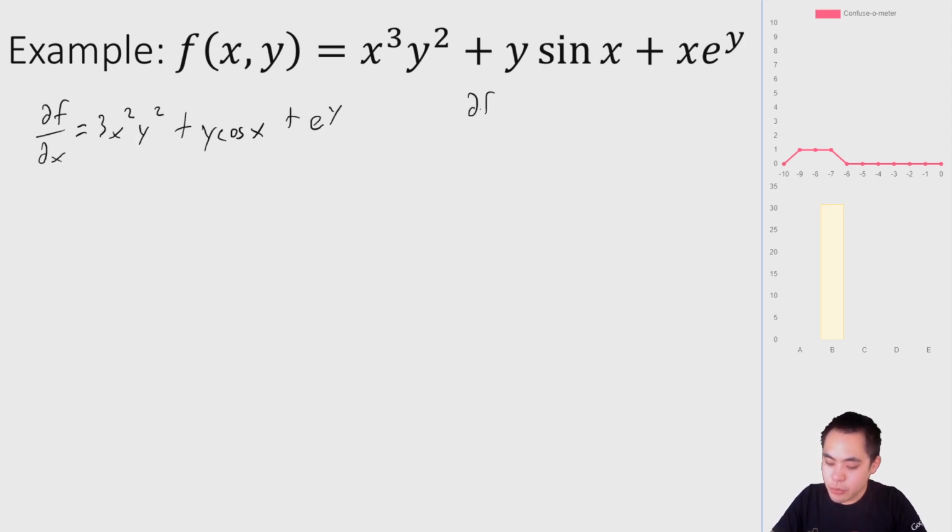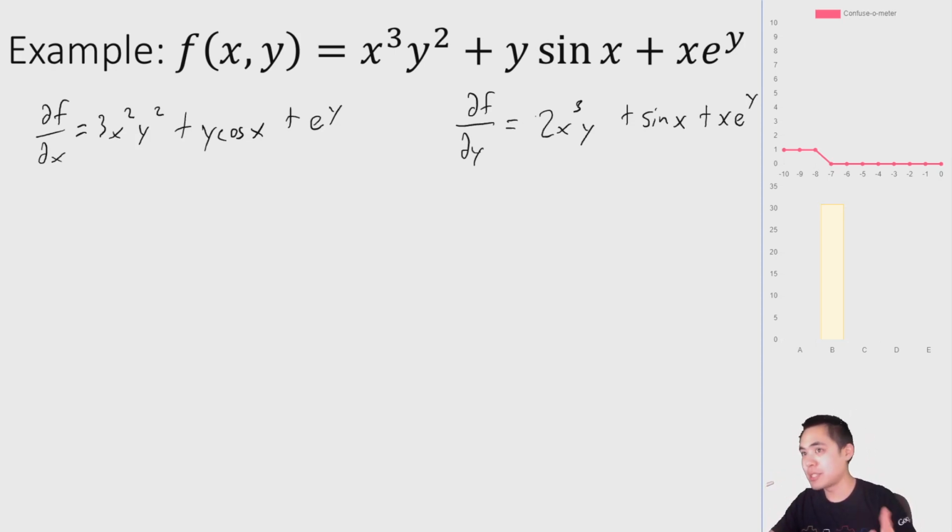And we also have del f by del y, which is going to be equal to 2 times x cubed y plus sine x plus x e to the y, since the derivative of an exponential is just the same thing. We set the other variable constant, and we take the derivative as normal.